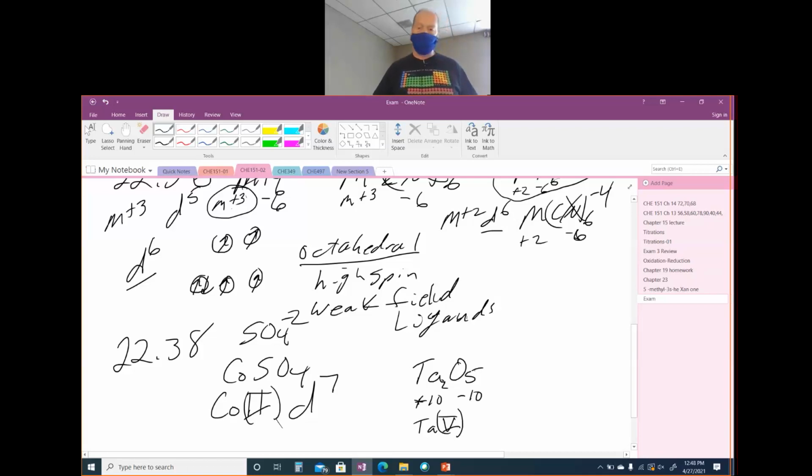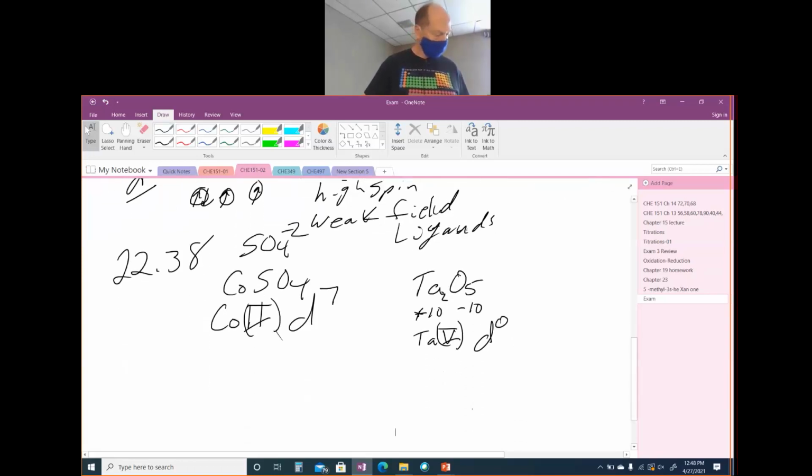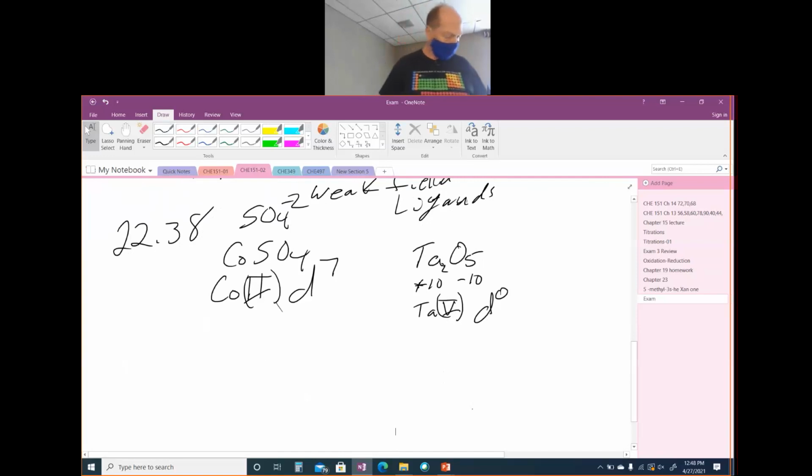You look at the number on the top of that column, and it is a 5, and so Ta5+ is a D0, which indicates that this would be either a white or colorless compound, because it doesn't have any d electrons for D to D transitions.